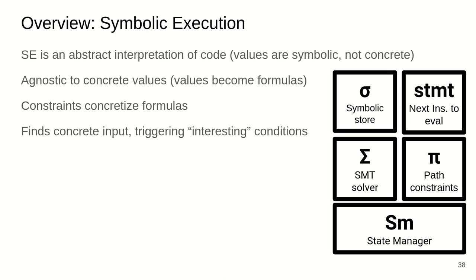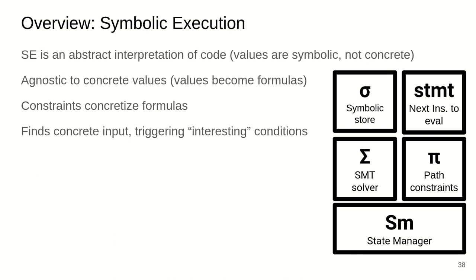Constraints concretize formulas as we are accumulating more constraints and we're executing additional statements. We are expanding a program into a set of constraints, collecting these formulas, combining them, and thereby translating an execution of the program into a logical formula that we can then evaluate.